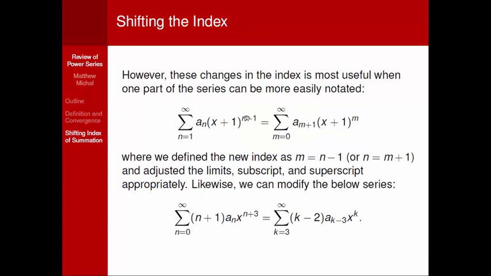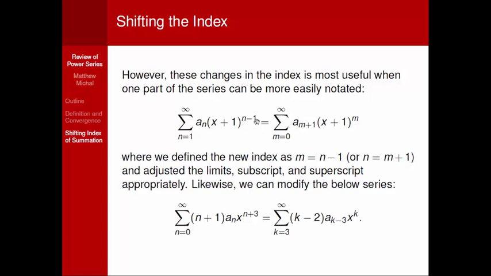For example, if there's an easier way of writing x plus 1, I don't like n minus 1 on the top, even though I have a nice pretty a_n and a nice pretty limits of integration. I want this to be x plus 1 to the something, a nice linear term, like, say, m. So, let m equal n minus 1, or the same thing as n is equal to m plus 1.